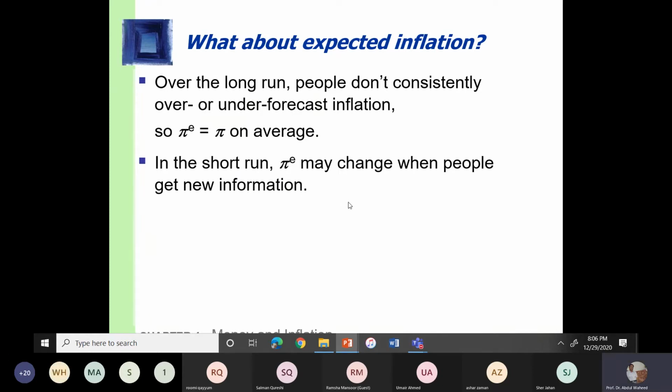In the short run, expected inflation may be different. And then as people get new information, they change their expectations. So that's why in the long run, the expected inflation on the average would be equal to actual inflation.